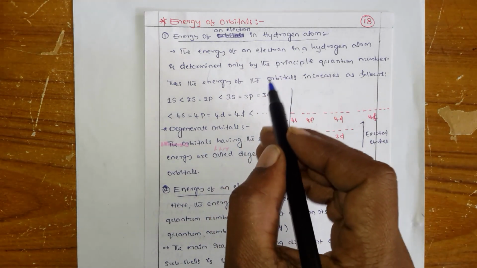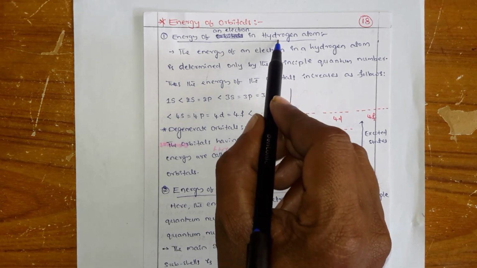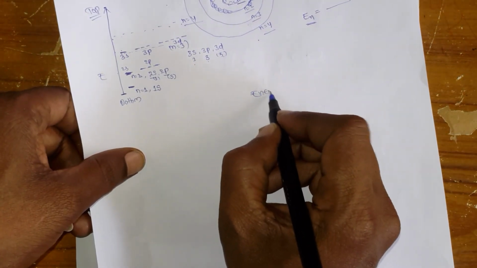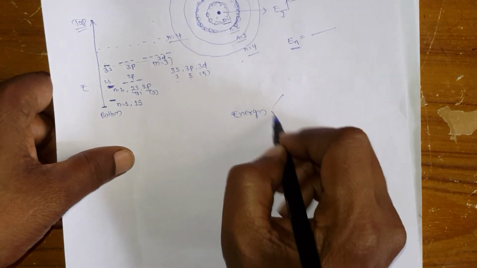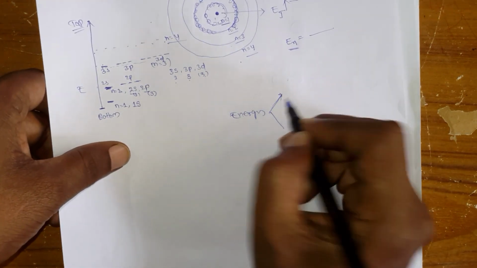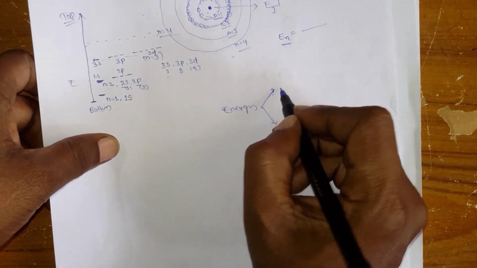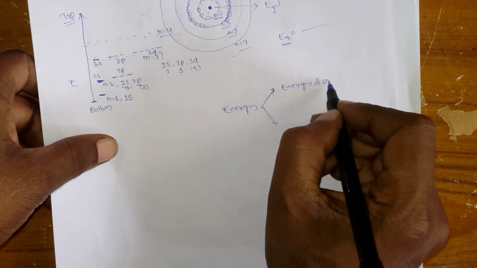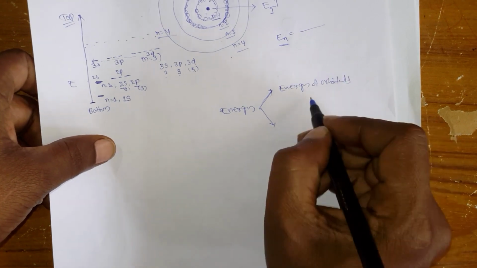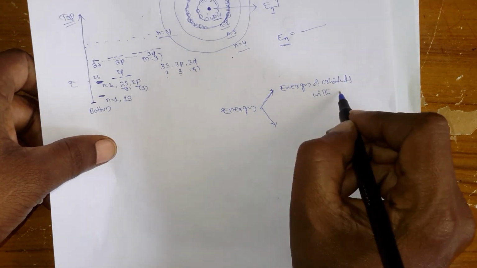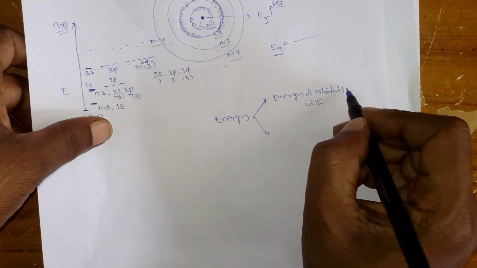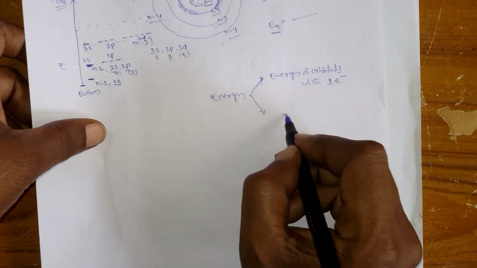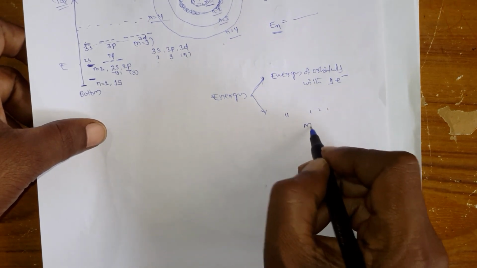So we are discussing the energy of orbitals in two parts: the energy of orbitals with one electron, and the energy of orbitals with more than one electron.